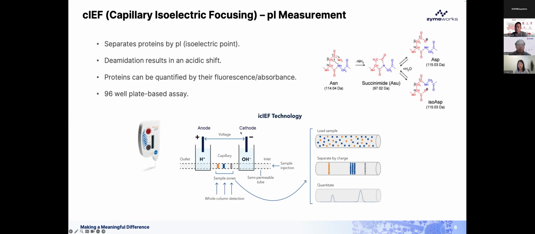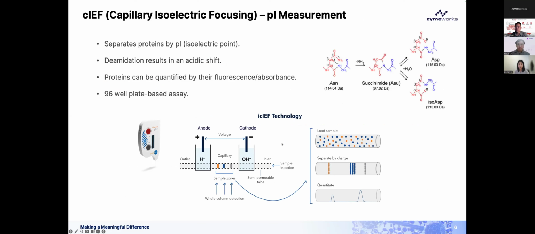So what exactly is cIEF, capillary isoelectric focusing? cIEF separates proteins based on their isoelectric points, or pIs. Here is the graph of the principle. In the cIEF cartridge, anode and cathode create a linear gradient of pH.